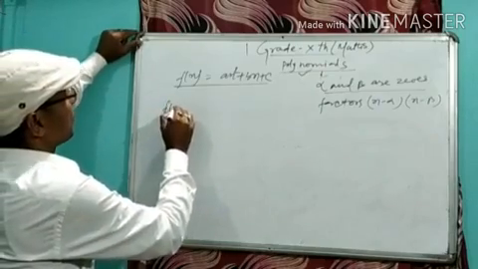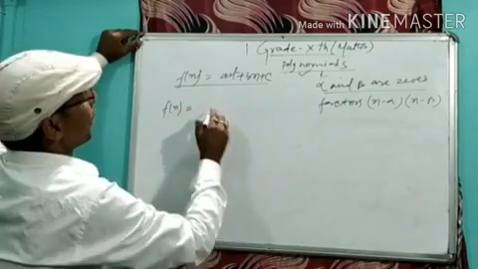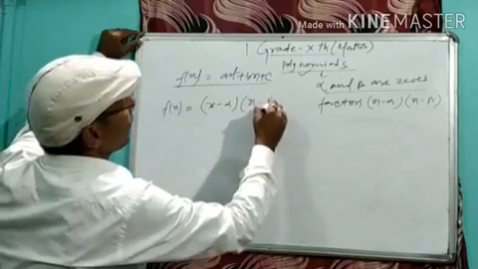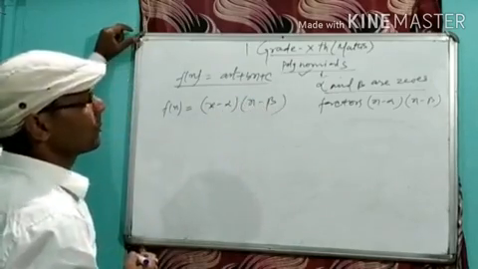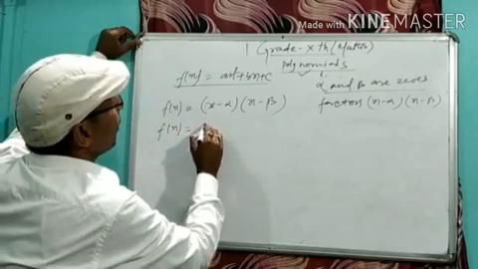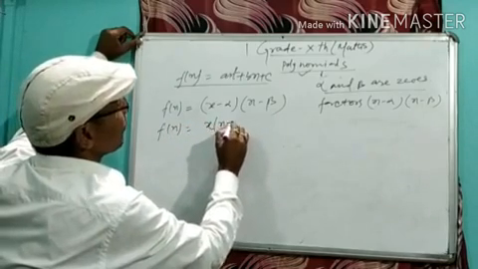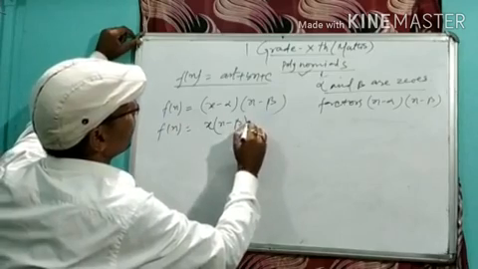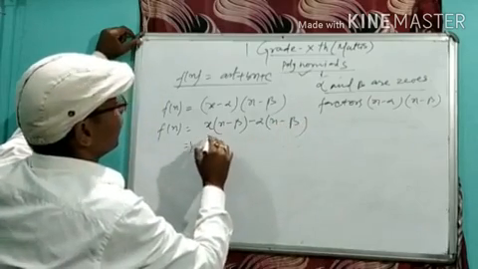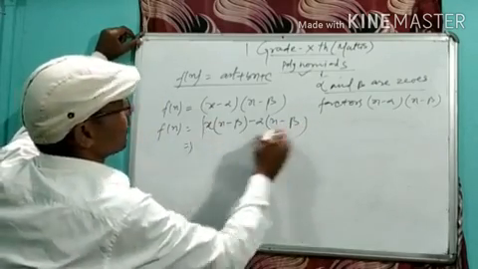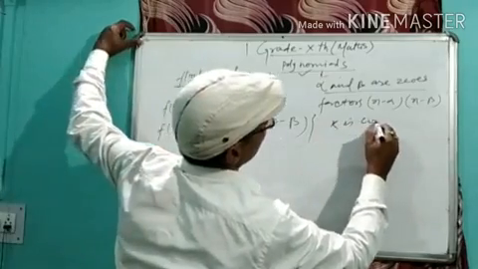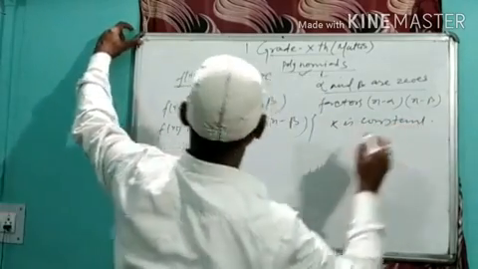Suppose f(x) is equal to these two factors, x minus alpha into x minus beta. Take a constant k and do the multiplication. f(x) is equal to k times x into x minus beta, minus alpha into x minus beta. Yes, I am taking k here. k is a constant.